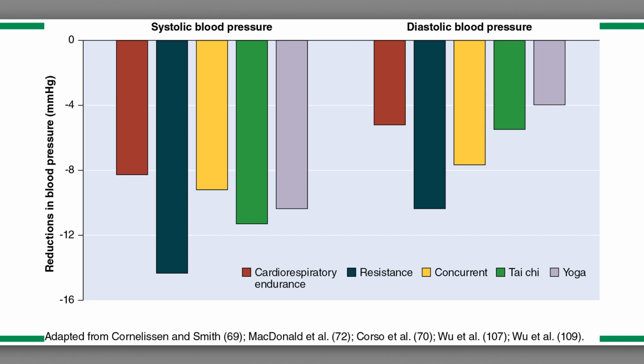Yellow is if you do them both at the same time. And Tai Chi is green, and yoga is this lavender or lilac kind of color. So you'll see that you've got benefits for any of those exercises, which gives you an opportunity to work on the exercise that people are interested in.